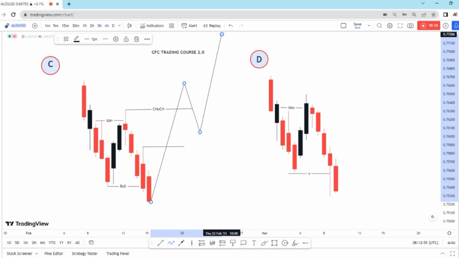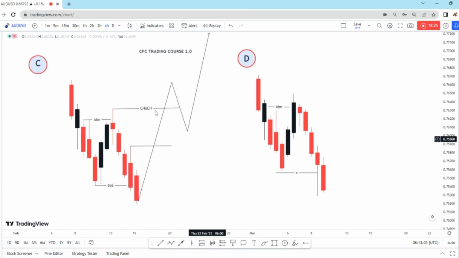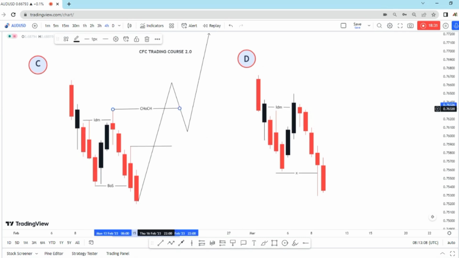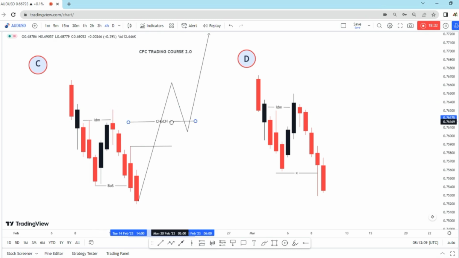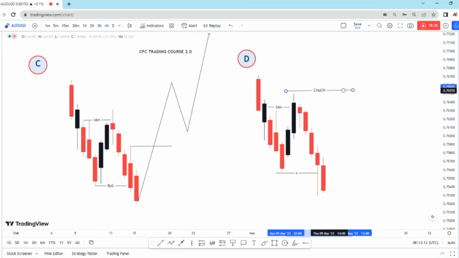When it comes to this particular one too, the same concept applies. Our current high is here, so price needs to take this current high before it can be confirmed as a change of character.